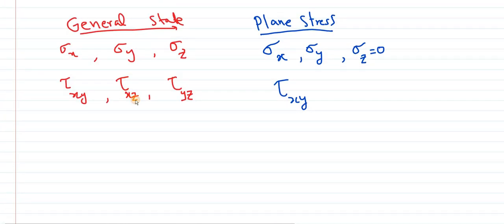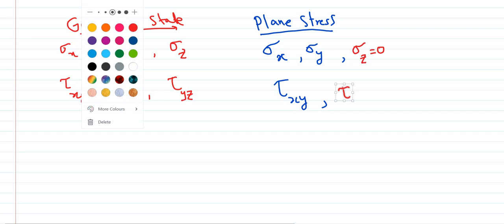And you see, these two components are acting in z direction. One is on the x plane, the other is on the y plane, but both of them are directed in z direction. So what we have found is that these are 0 in case of plane stress. So this is a mathematical way to define plane stresses.